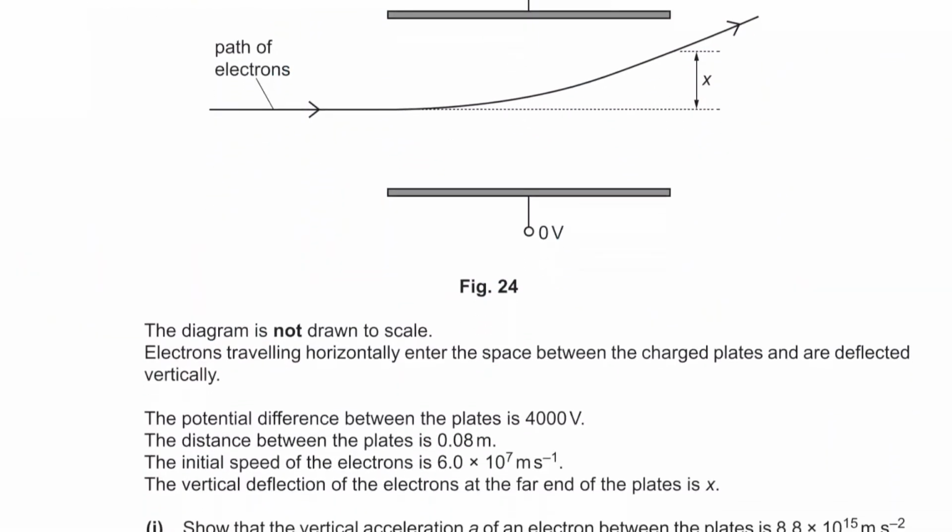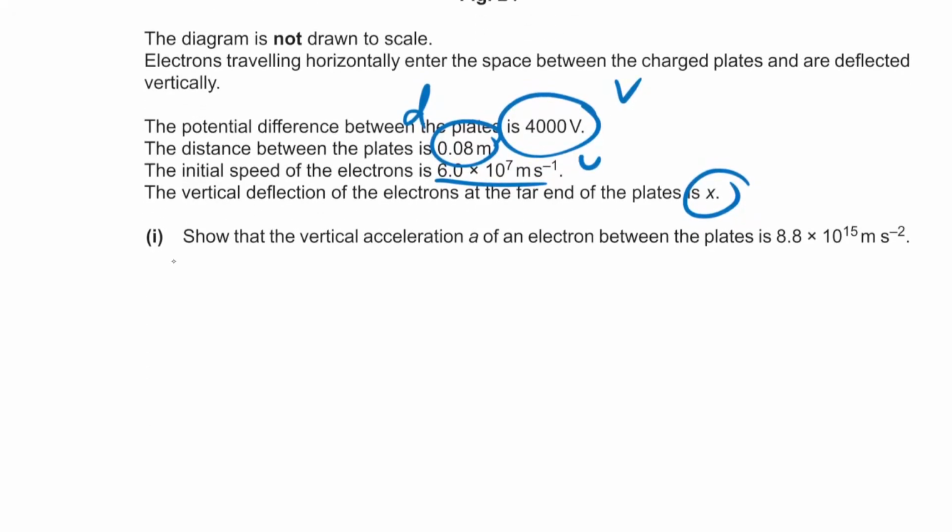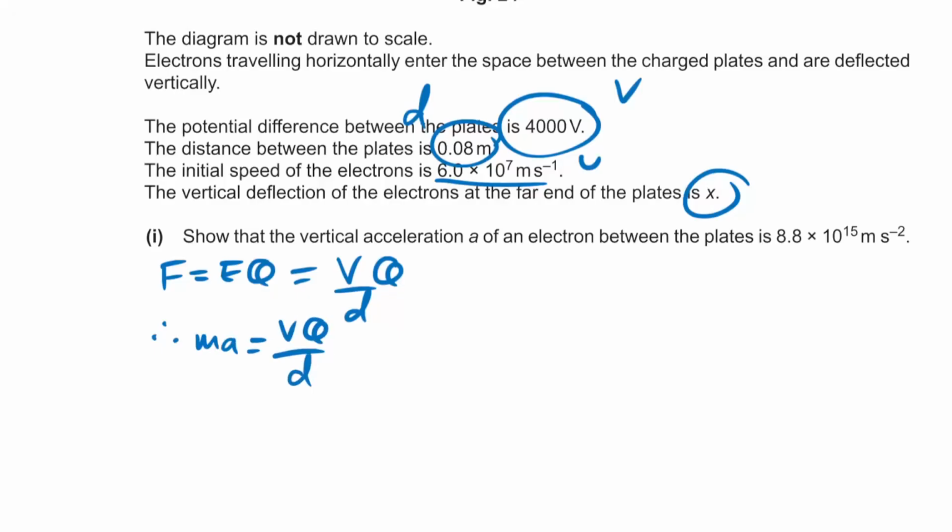24, we have basically electrons being deflected. We have the PD, we have the distance, so this is electric fields, isn't it? We have the U, and we have X. So the vertical acceleration a between the plates is that. It's just going to be F is equal to EQ. And of course, parallel plates, E is equal to V over D, so V over D times Q. And of course, F is equal to MA, so therefore acceleration is equal to VQ over MD.